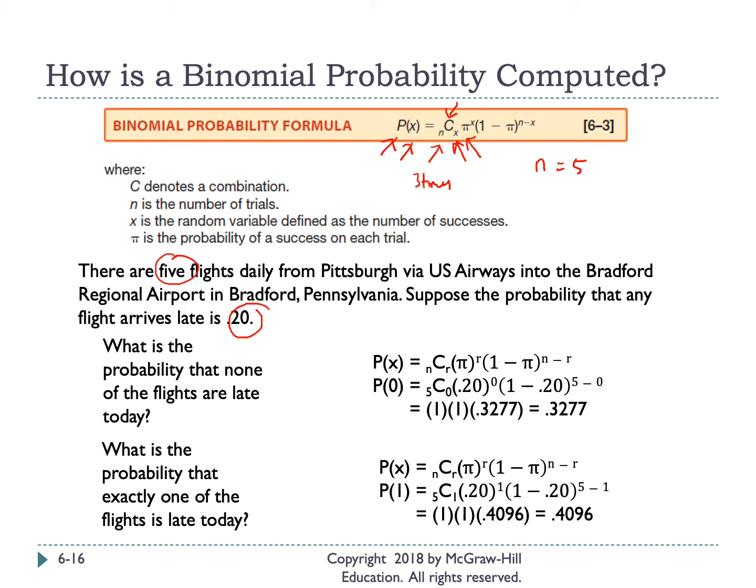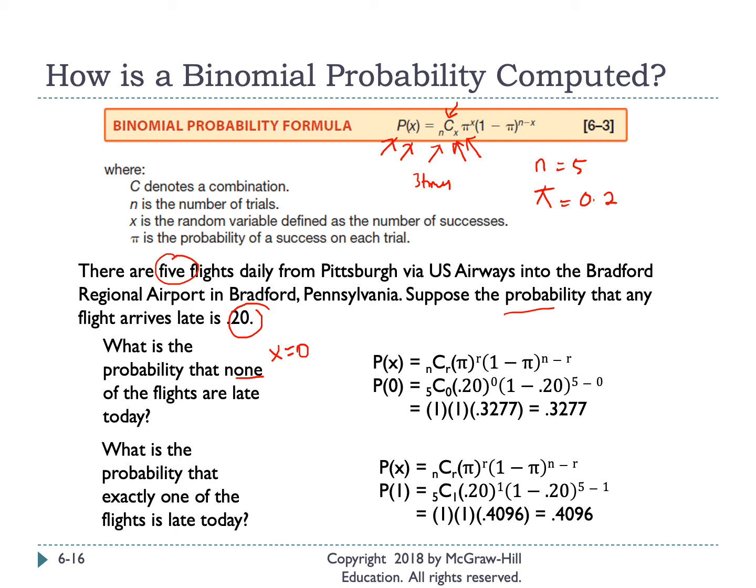So when you talk about probability, it refers to your pi, which is 0.2. Okay, what is the question? What is the probability that none of the flights are late today? So what is this none? None means 0. So this is your x.